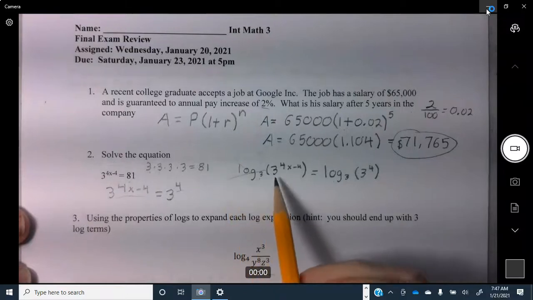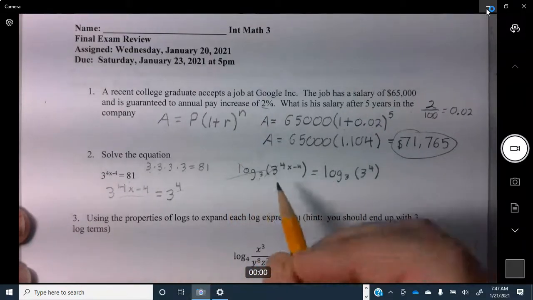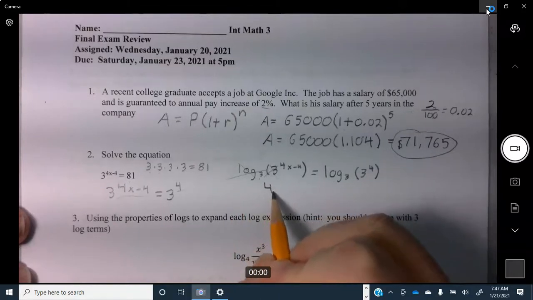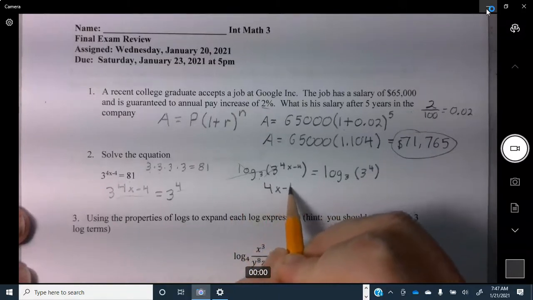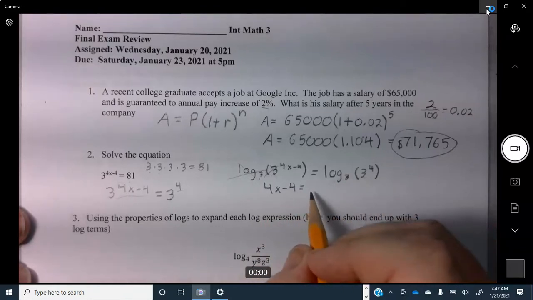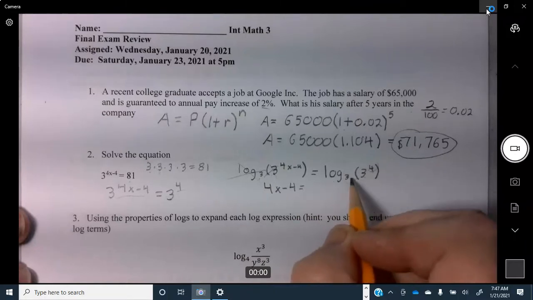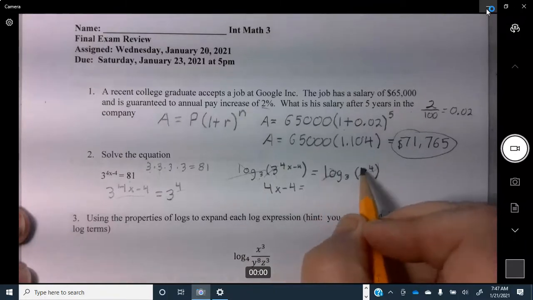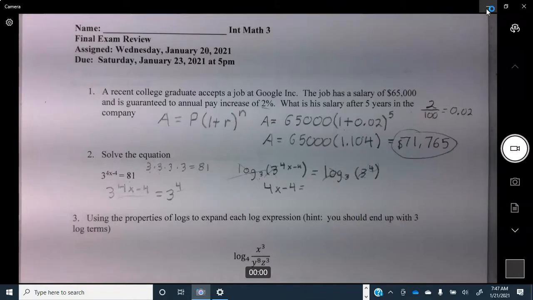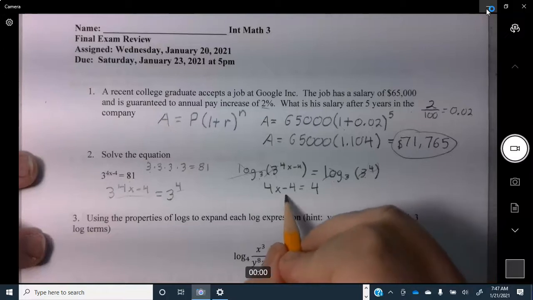The log base 3 goes away and that 3 goes away right there. Same thing on the other side. So what you're simply left with here is 4x minus 4 equals 4. That log base 3 eliminates the 3 there because they inverse each other. So now it's just a simple algebra problem.